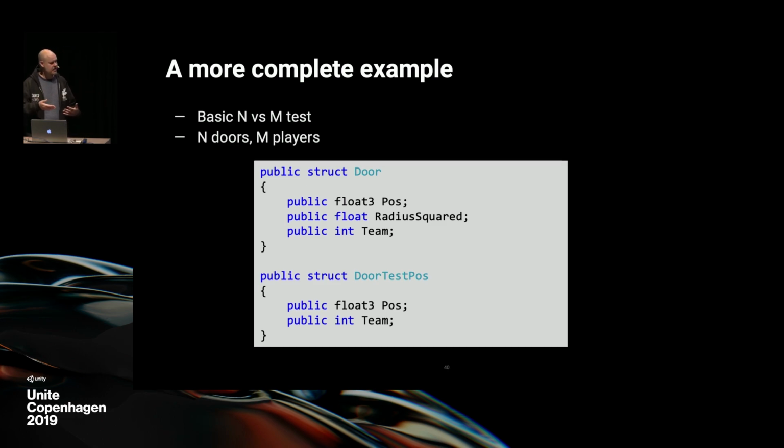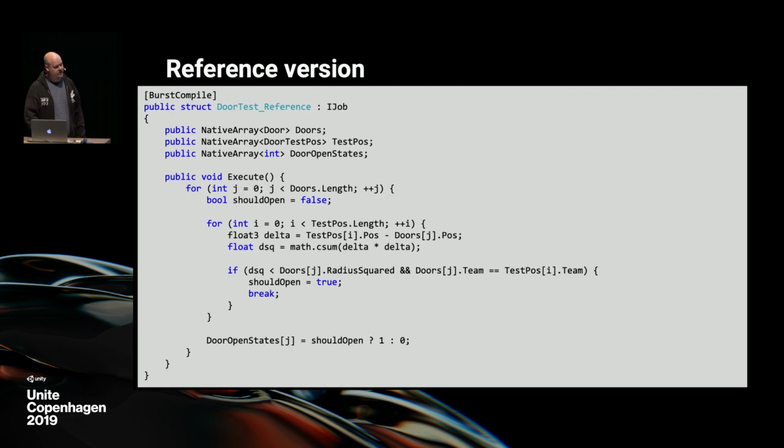So we have doors. And here I've just written down naively what they are: I have a position, I have a pre-squared radius, and I have a team. Great. And then I have these test positions, which are derived from the things that can open doors, so I guess players. Or maybe you have droids that can open doors, I don't know. They have a position and a team. So this is basically just a transcription of the algorithm you saw, the Python-esque pseudocode, right?